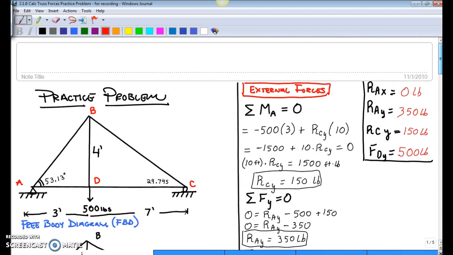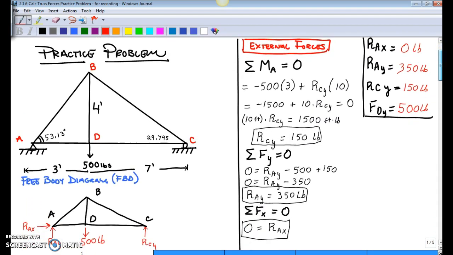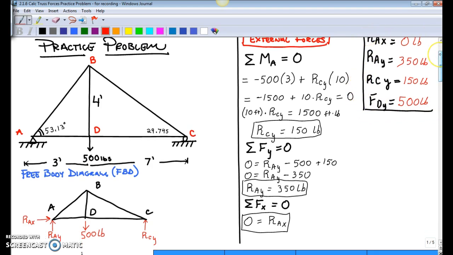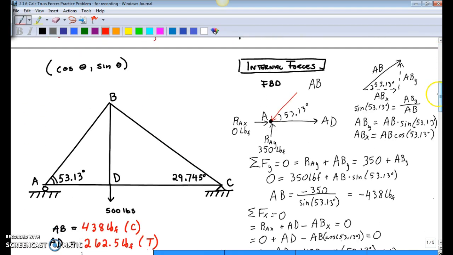So when a problem says calculate all truss forces, or calculate all external and internal forces, or solve the truss, this is what it's asking for. The key points to remember are keep a nice clean table off to the side for your external forces, then run your sum of the moments, your sum of the forces in the x and y directions, get all of your external forces, then move to your internal forces.